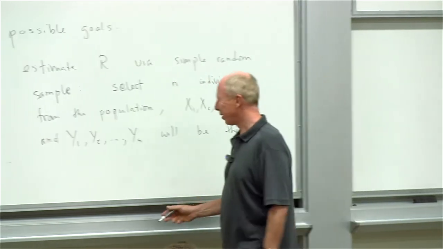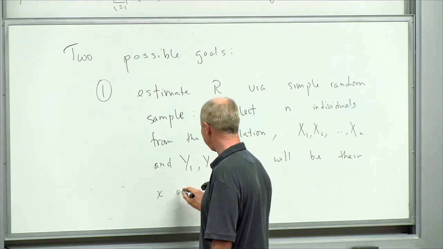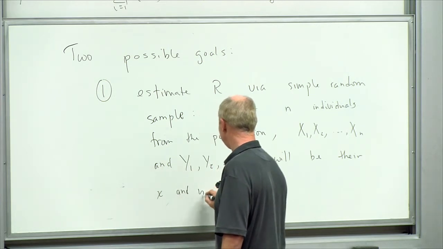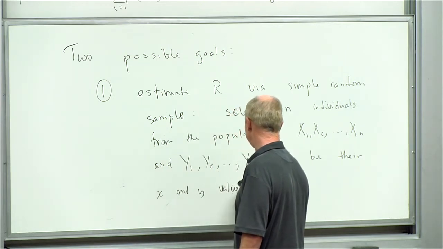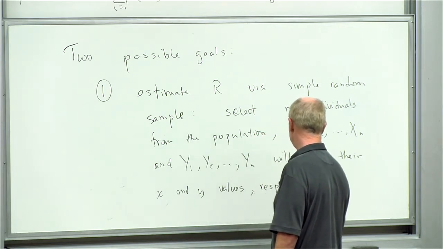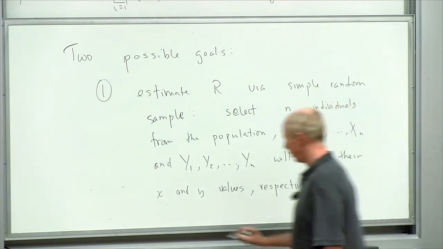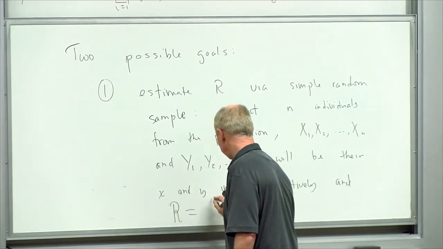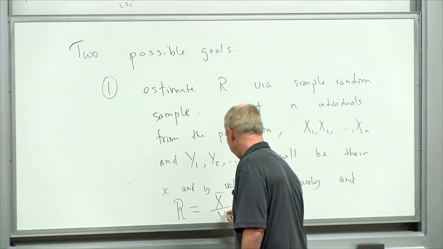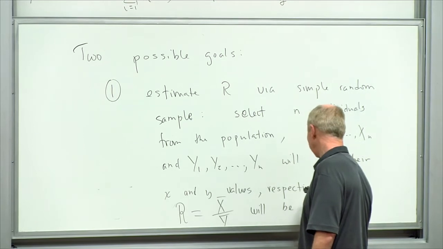Will be their X and Y measurements, X and Y values, respectively. And capital R equal to capital Y bar over capital X bar will be the estimate for little r.